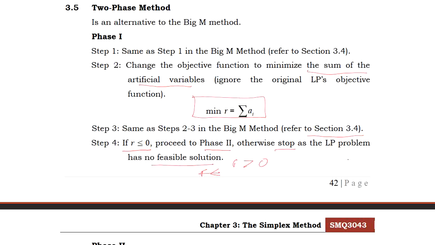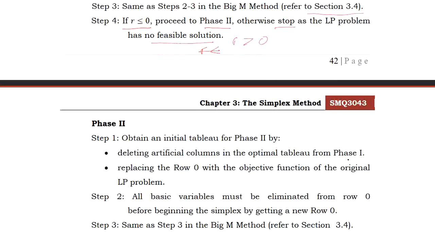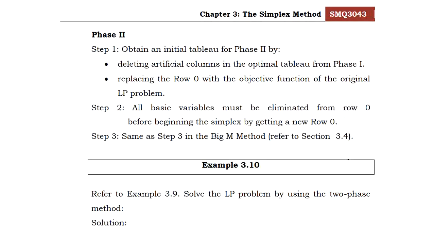So in phase 2, if R is less than or equal to 0, step 1, we need to obtain an initial tableau for phase 2 by first deleting artificial columns in the optimal tableau from phase 1. Second, replacing the row 0 or row Z with the objective function of the original LP problem.